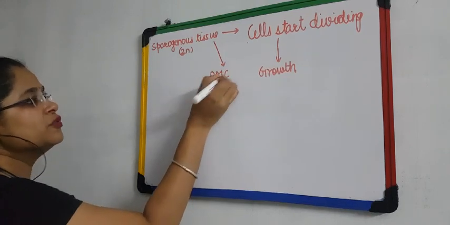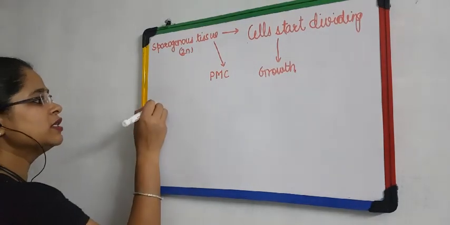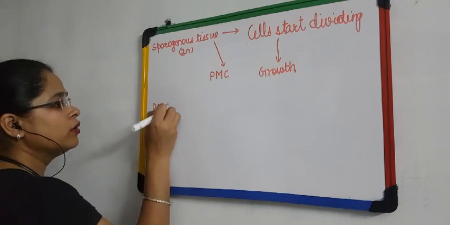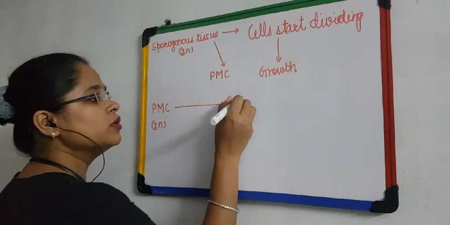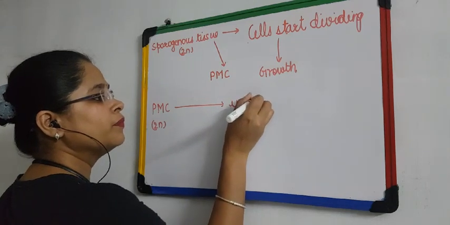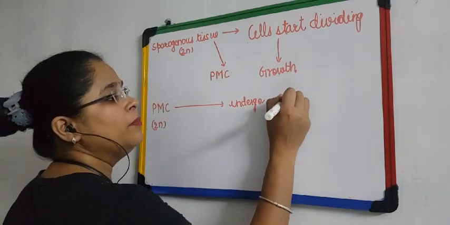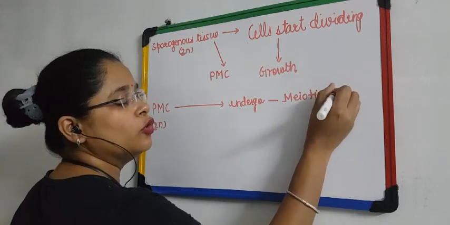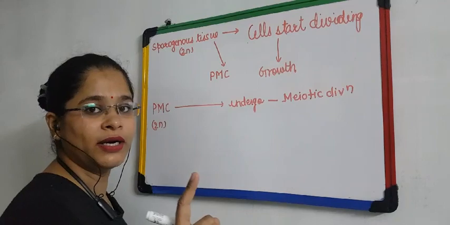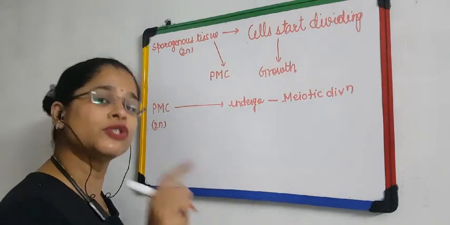As the growth progresses, because the cells keep dividing and increasing in number, the sporogenous tissue starts functioning as PMC. Now this PMC or MMC undergoes meiotic division, and we know that there are two meiotic divisions, meiosis 1 and meiosis 2.